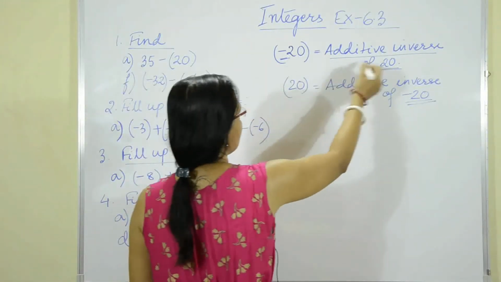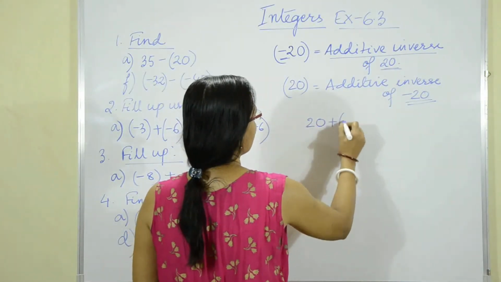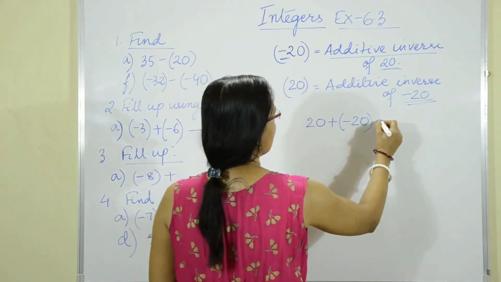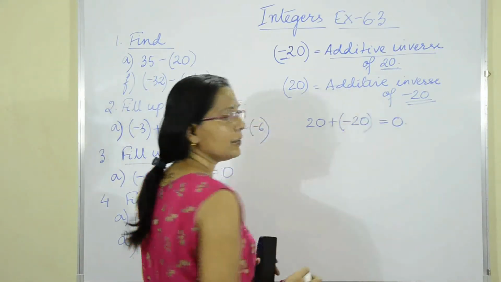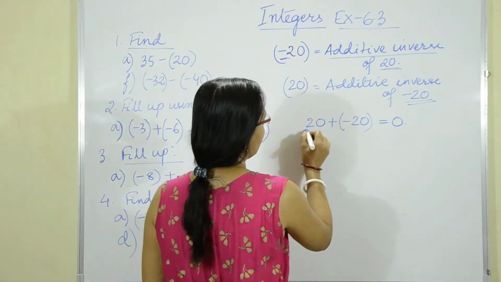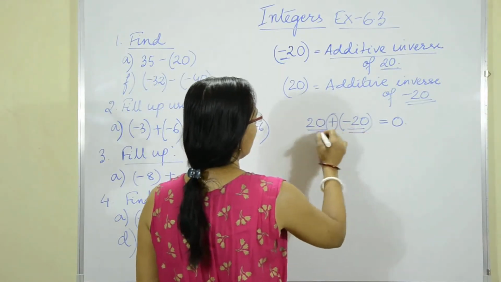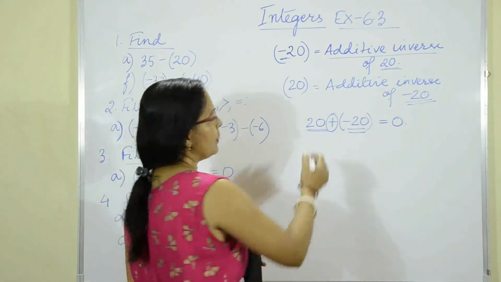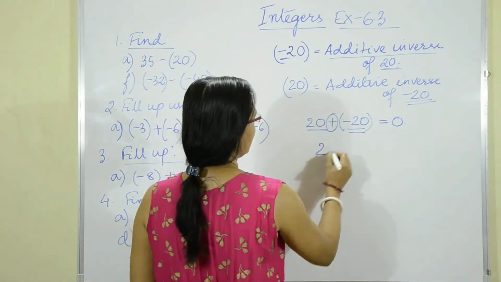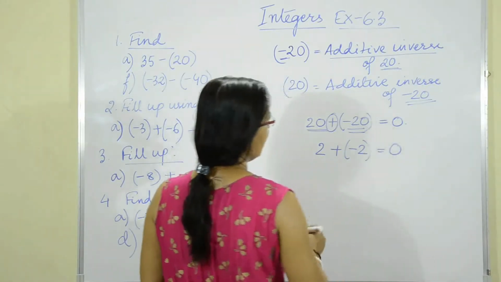Now what does it imply? If I write 20 plus minus 20, this means 0. Now why is it 0? It means I have taken 20 and I am adding the same value of opposite sign, so this becomes minus 20. Say for example, 2 plus minus 2 equals 0.